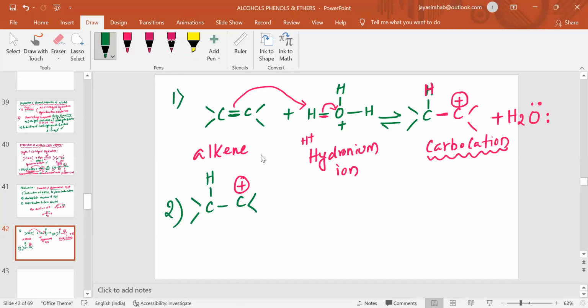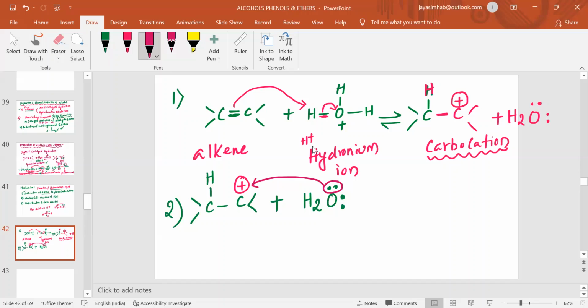So what will happen now? The water molecule, because of its lone pair of electrons, because of its denser negative charge, will attract the positive charge, right? So this lone pair will try to attract the positive charge.